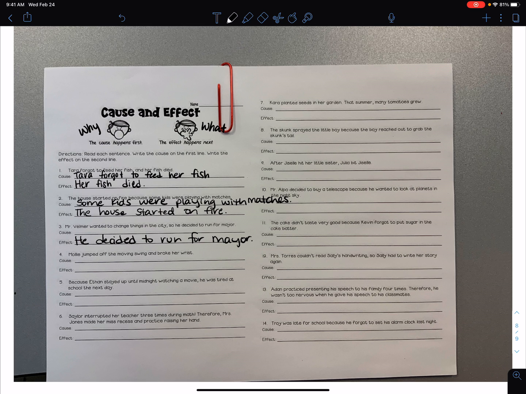And what caused him to run for mayor? Well, he wanted to change things in the city.